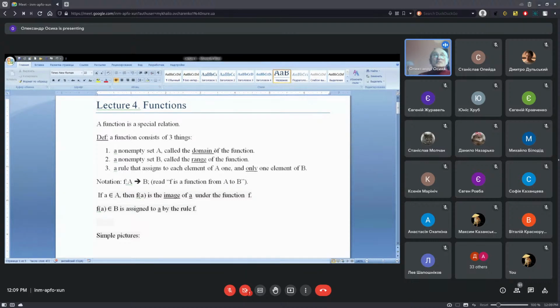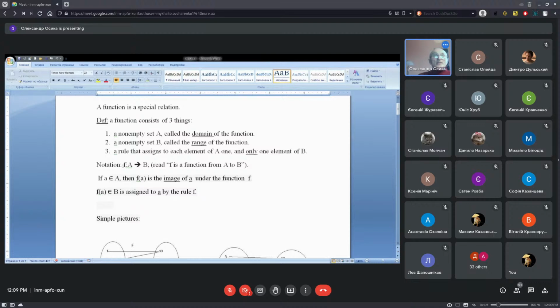The domain of values of the arguments, if you like. B, range of values of the function. And a rule that assigns to each element of A one and only one element of B.